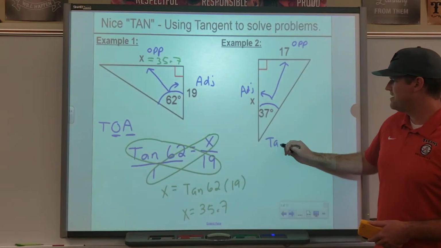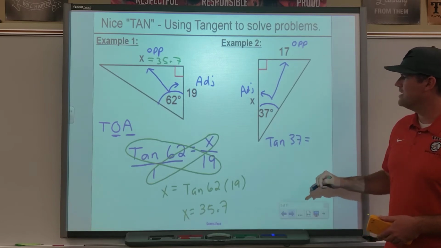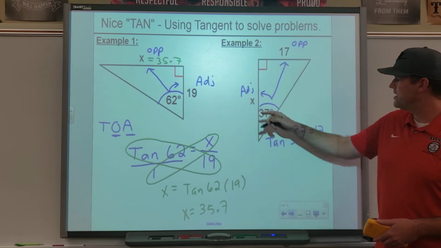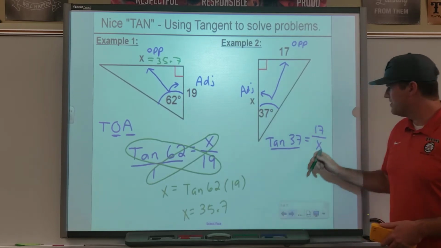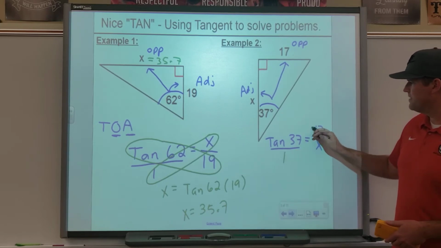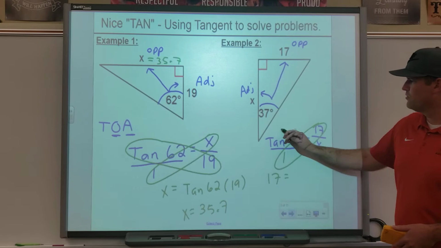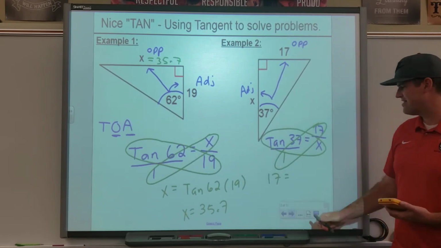So I get tan of the angle, tangent 37, equals opposite over adjacent. So now when I cross multiply on this one, something that's going to be a little bit different is my x is not getting multiplied by 1, it is getting multiplied to the tangent of 37.